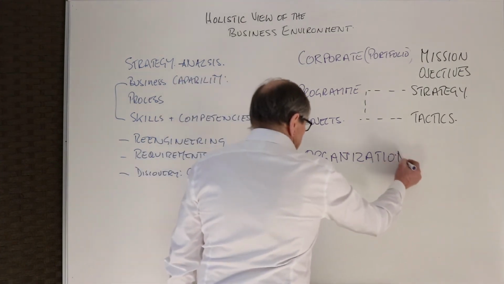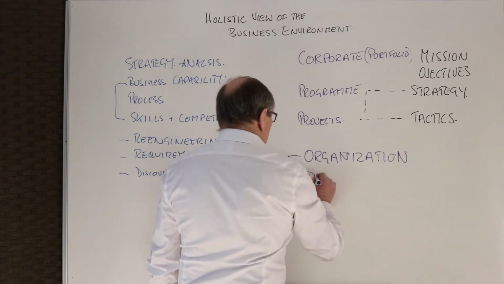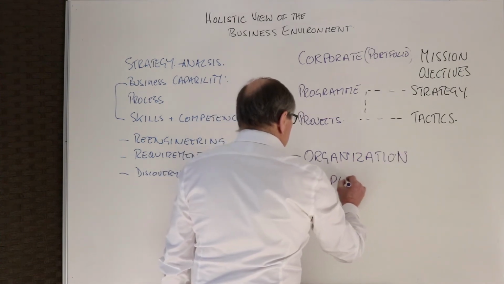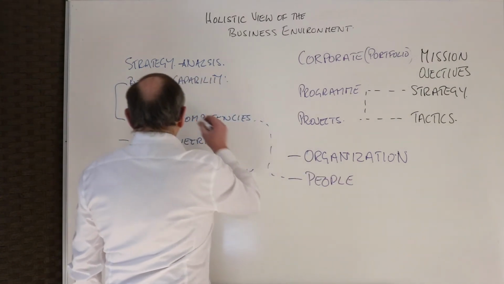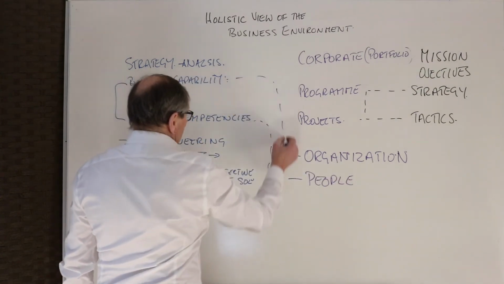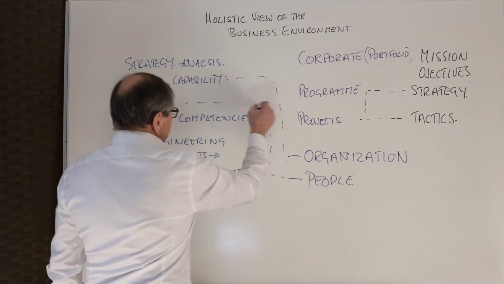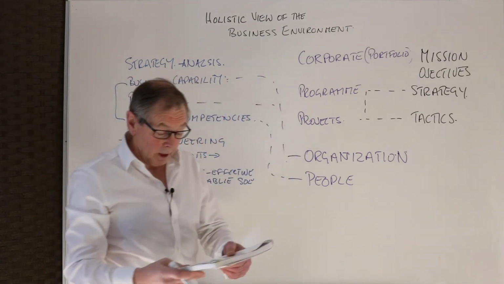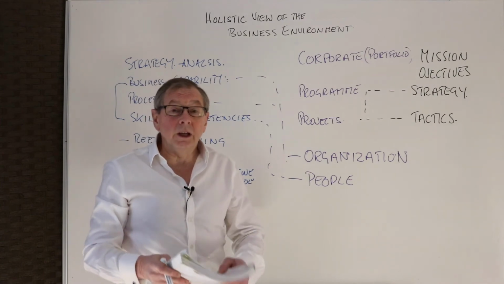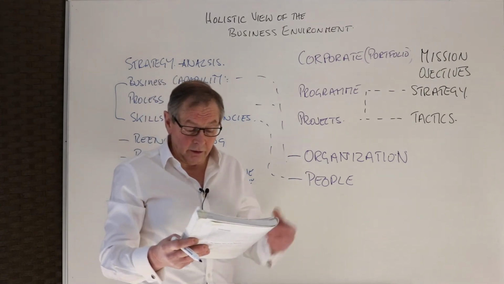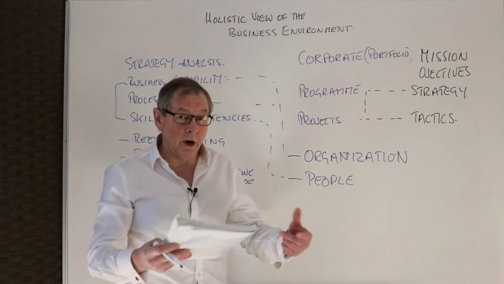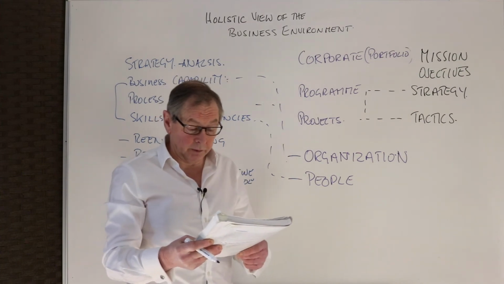The organization, look at the people that are involved in it. Again, that's linked to things like competencies, the business capability of the organization, and the processes as well to a certain extent. So the people, the skills, the leaders, their capabilities and their understanding, and the cultural types, and the way the organization is structured from that perspective.